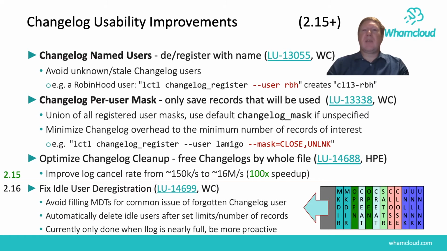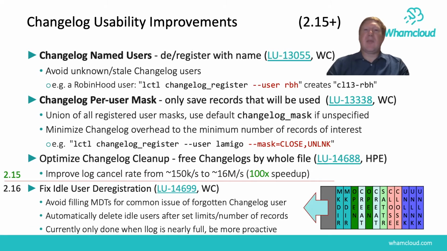Prior to this, there'd just be a short name like cl1, cl2, cl3, etc. That doesn't really give you much information about which application is using that changelog, is it still in use, etc. And so now you can specify a name, for instance, like Robinhood. It could use RBH to identify its changelog users on the different MDTs.